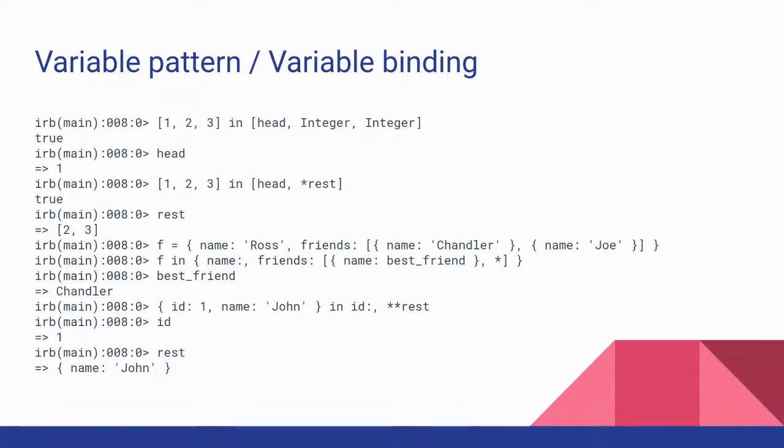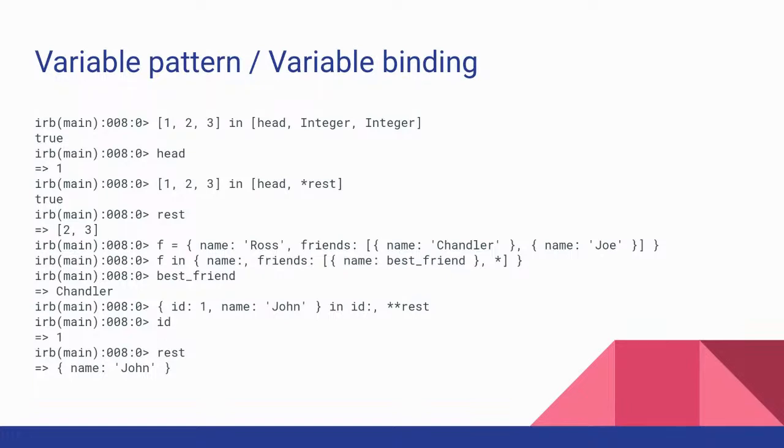You can have a more complex structure to match against, and at the same time we can use the variable patterns to extract variables. Like in our example here, we are trying to extract Ra's best friend, and we have this hash with a friends node that's an array. What we're doing is looking into this hash pattern.